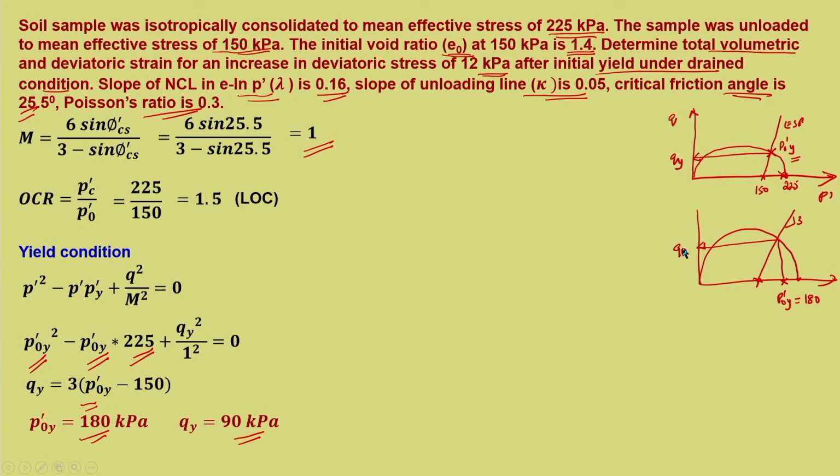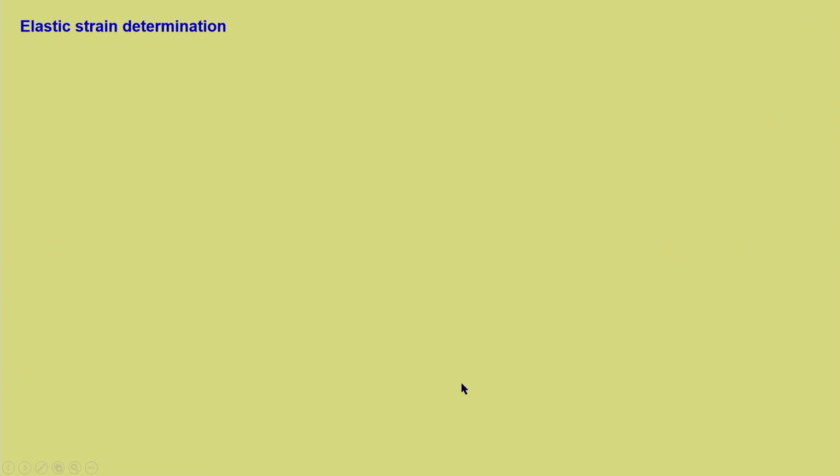Now, we are asked, if this effective stress path moves by this, deviatoric stress is 12 kilopascal. So, this is the point which it corresponds to. When it deviates by this, what will be the total strain that it has undergone. So, this will include the strain due to this elastic portion and the strain due to this increment. So, both we need to find out.